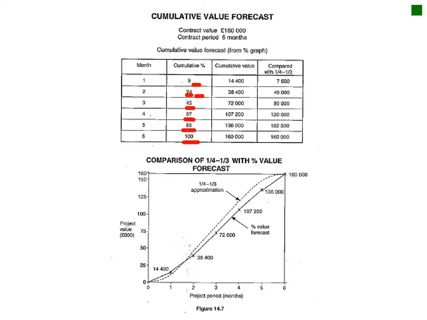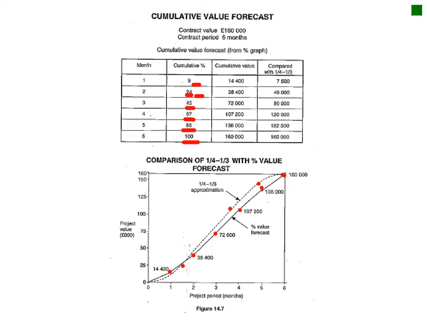So very easy. Then you just plot your expenditure on your graph, and you draw in your graph to get to your percentage spent, and you can see they actually put in the S-curve, and the S-curve is more or less in there, but you can see there is quite a bit of a difference.